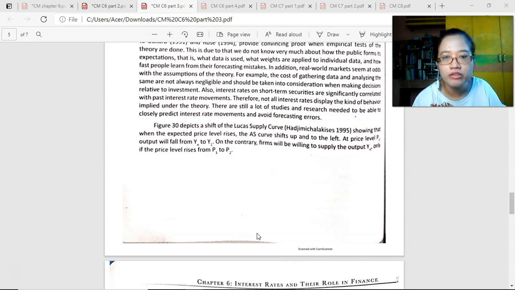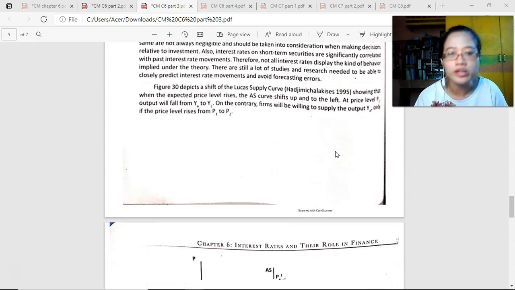Right, supply will decrease. On the contrary, firms will be willing to supply the output only if the interest rates are high. Okay. When it comes to people who would like to invest their money so that they would earn more, then they want the interest rates to be higher. Okay, but if it lowers, then the tendency is the supply would also go lower, because people would not want to make their money available for lending if they're not going to earn that much anyway.